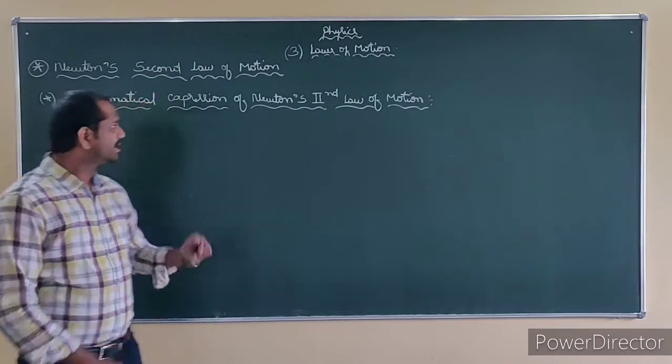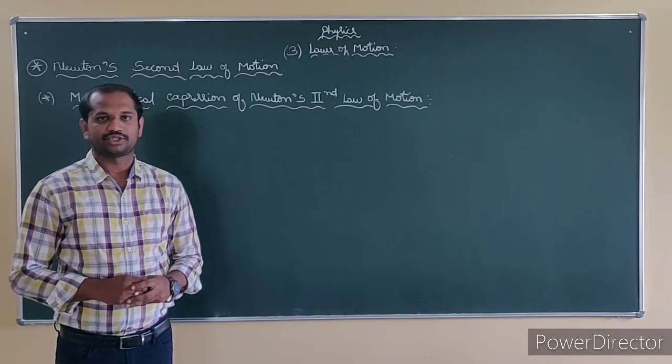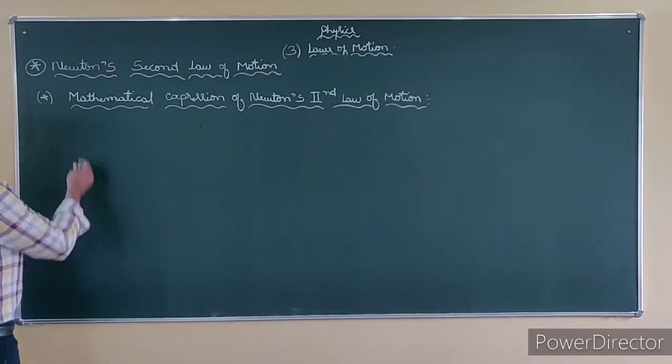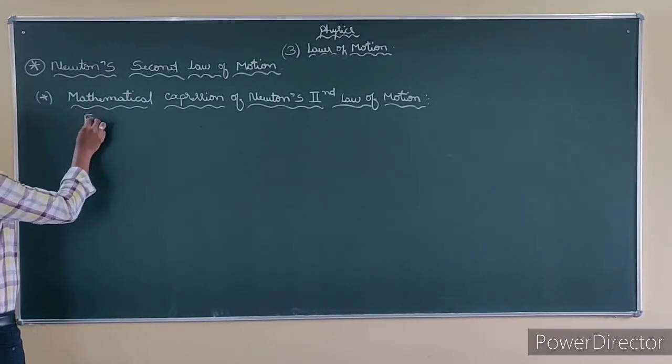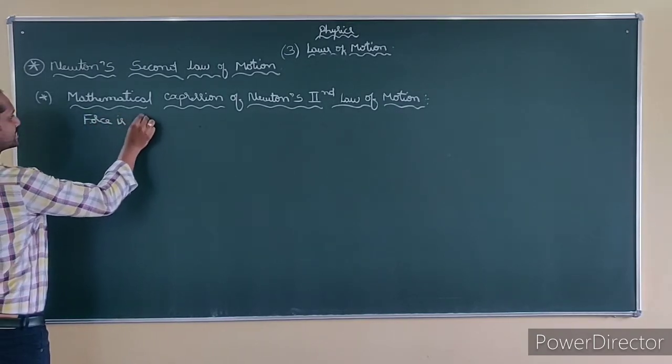Now we will see the mathematical expression of Newton's second law of motion. For that, what did I take in case 1? In case 1, we considered force is directly proportional to acceleration.